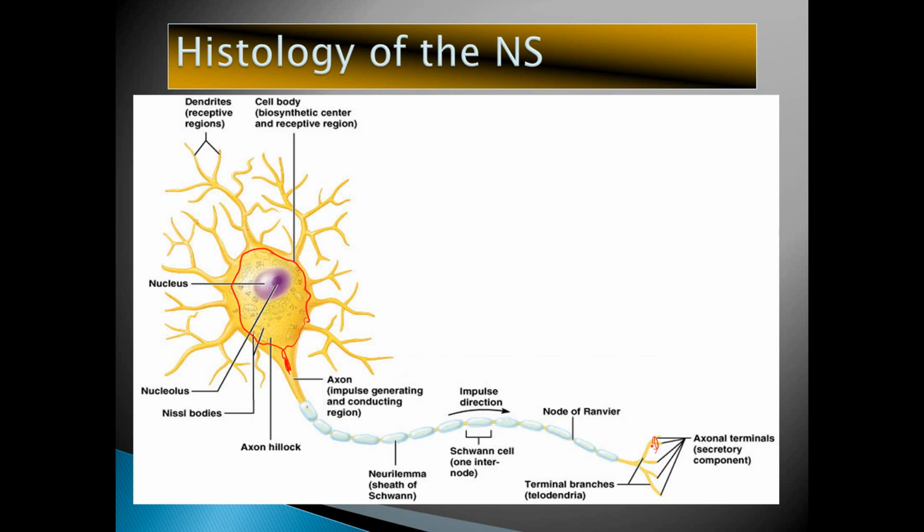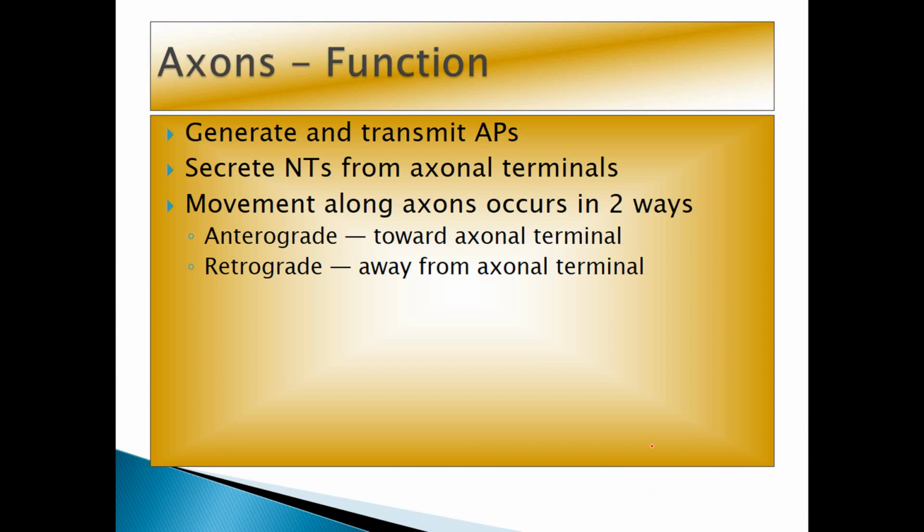So the function of these axons then is to generate and transmit action potentials. And they secrete neurotransmitters from the axonal terminals. That's a review. Movement along the axon occurs in two ways. Anterograde is towards the axonal terminal. Retrograde is away from the axonal terminal towards the soma.